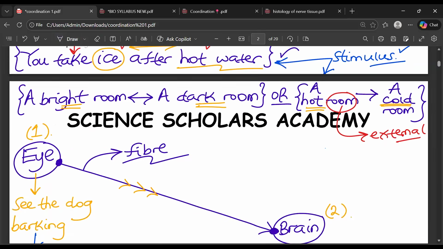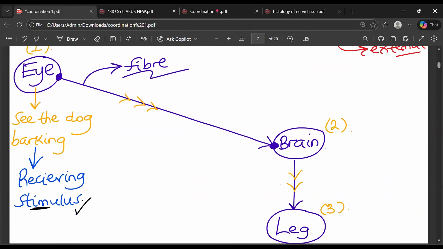Now, when they tell you that you need a fiber that is really going to transfer information from the eye to the brain, in the future we shall talk about the structure of that fiber, and it's what we are going to really see. So I was going to pose a question and ask, is this fiber a cell?